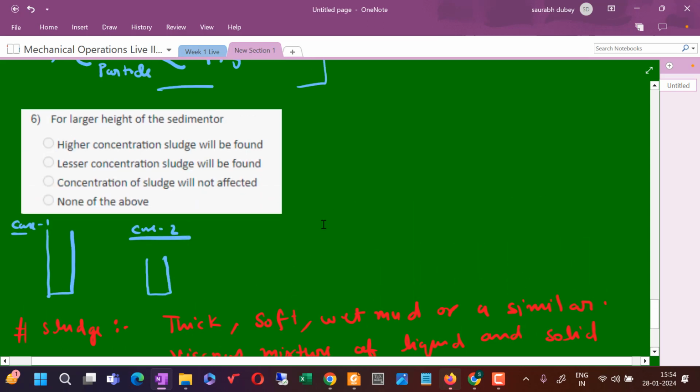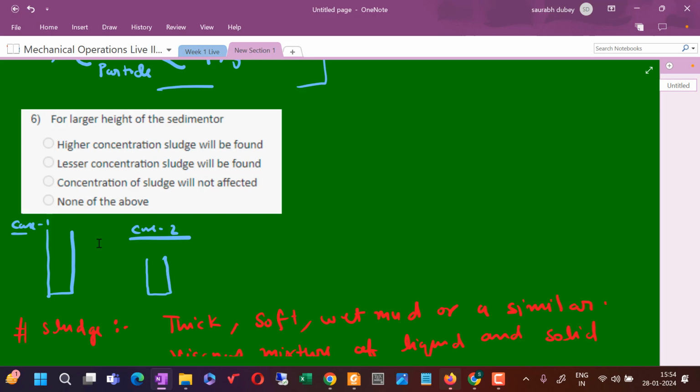In this, if the height is more, then there will be more residence time allowed for the sedimentation to happen, so a higher concentration of sludge will be found at the bottom, because most of the solid particles will be settled there and there will be more separation.